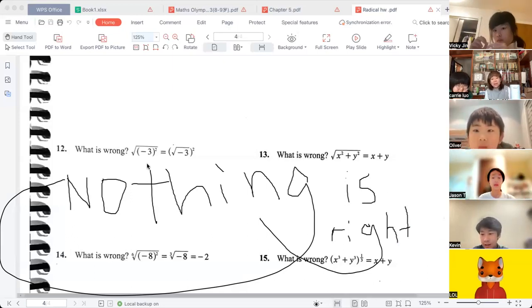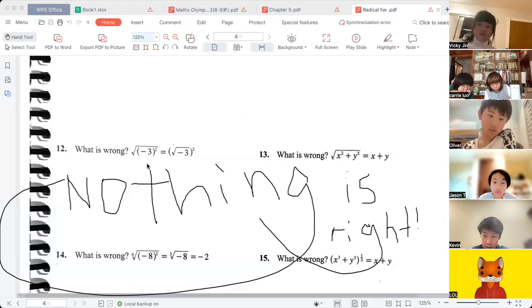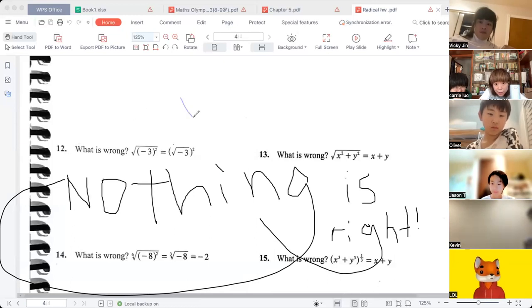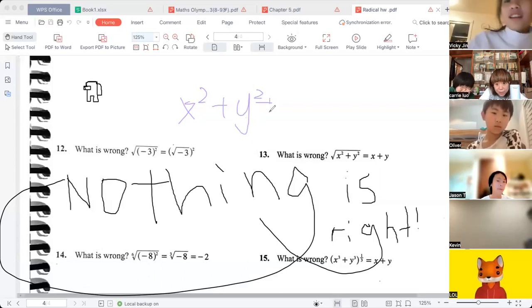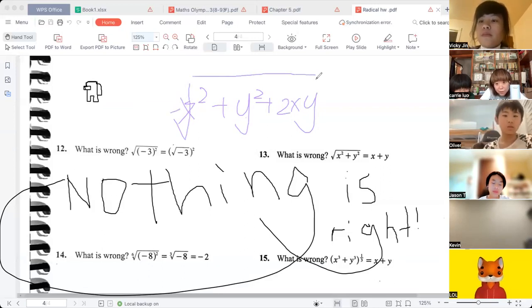OK, now let's look at question 13. What's wrong? It's supposed to be x squared plus y squared, not xy. It doesn't work because you have to add 2xy to make it work. Pengpeng says it should be the square root of x squared plus y squared plus 2xy, which equals x plus y.